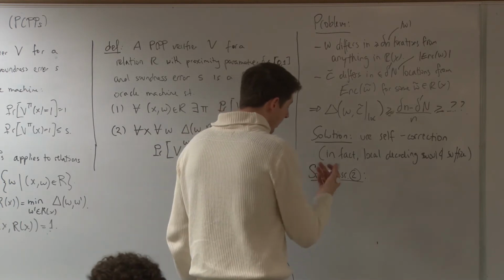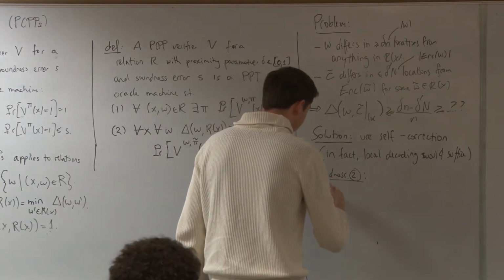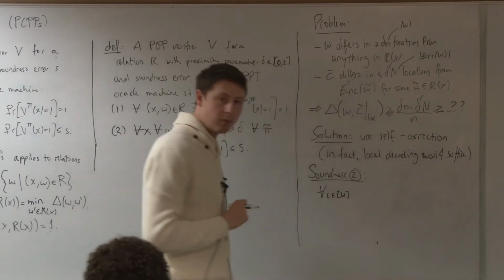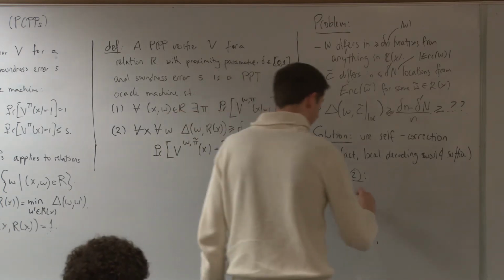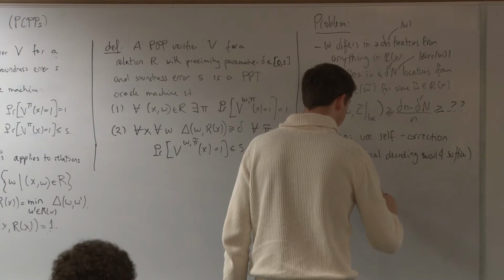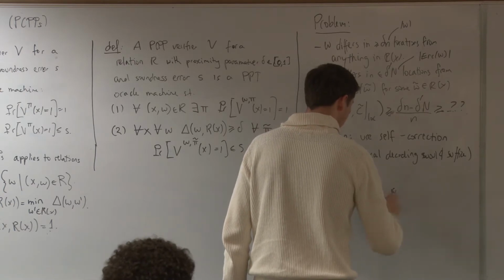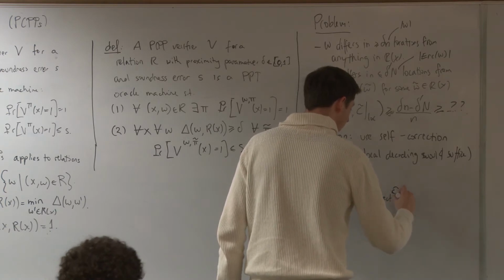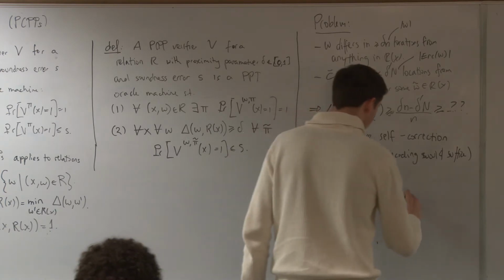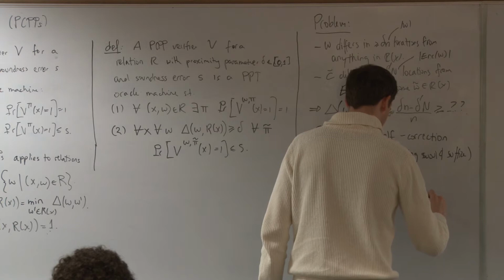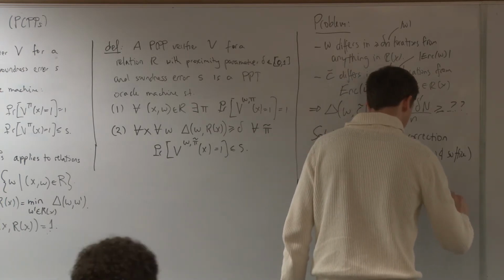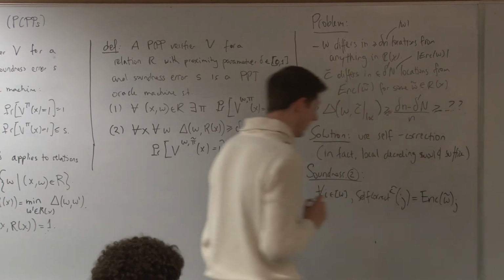So the main point is that for every I in W, the self-corrector at a location, say J, will equal the encoding of W tilde at J, right?